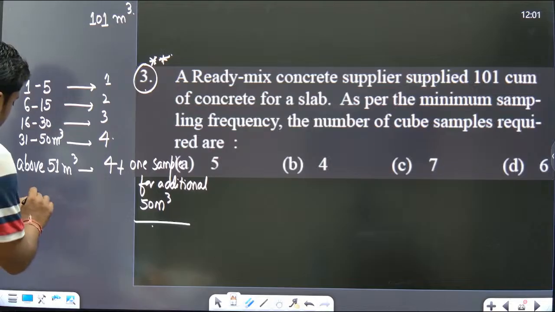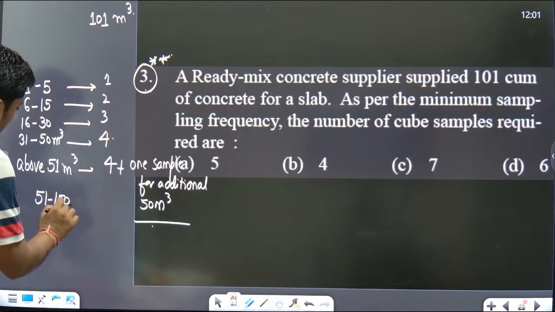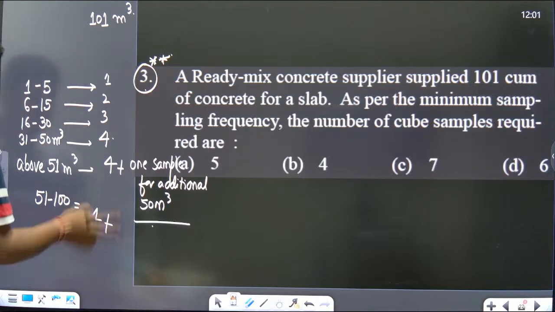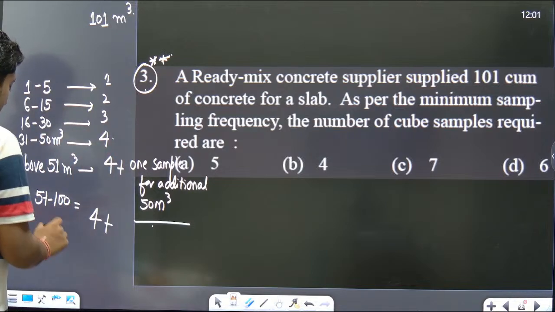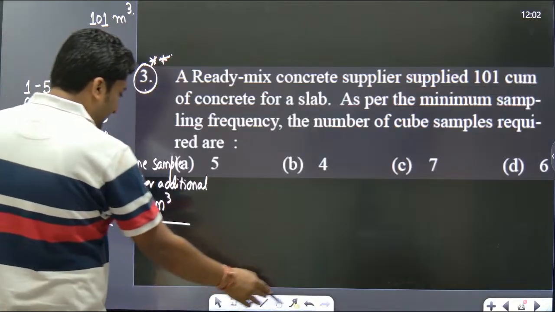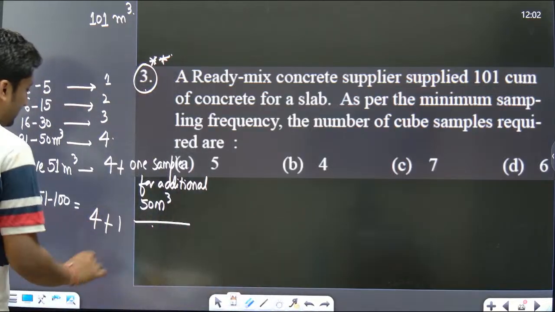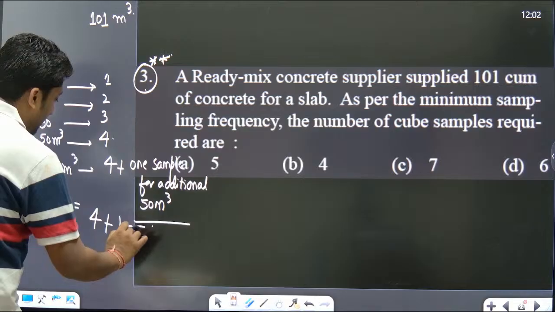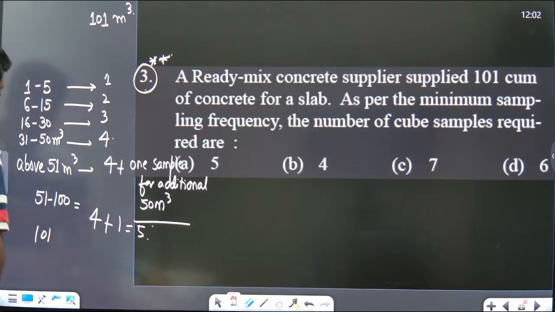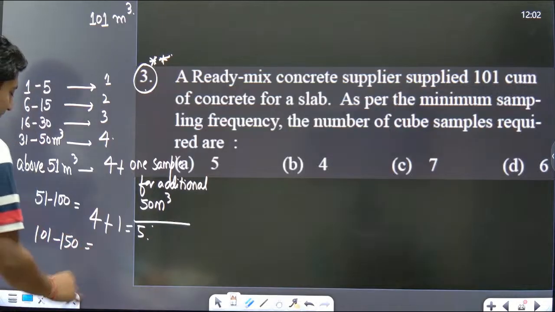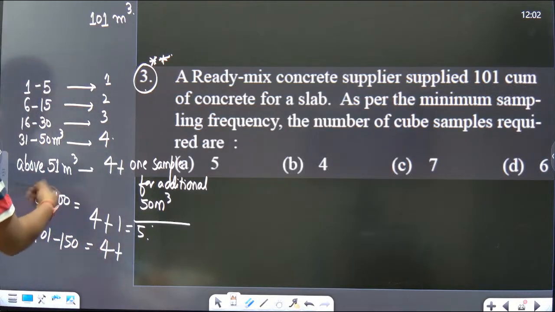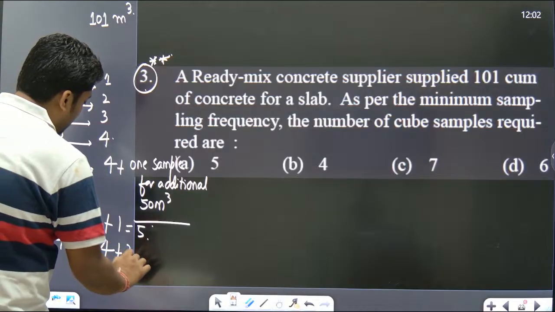Now if it is in the range of 51 to 100, how much you need to add? 51 to 100, 4 plus 1, that is 5. For 101 to 150, that is 4 plus how much more than 50? 2 times, so it is 2, that is 6.